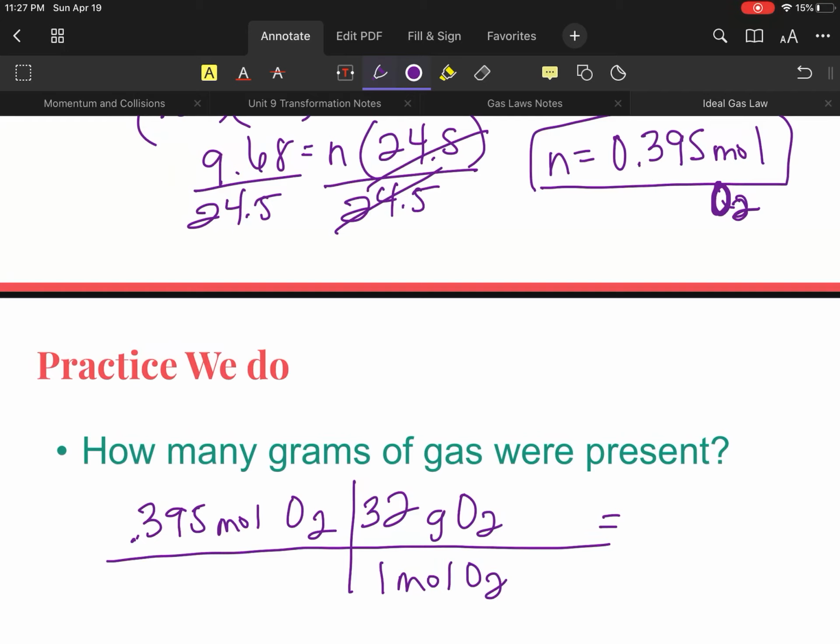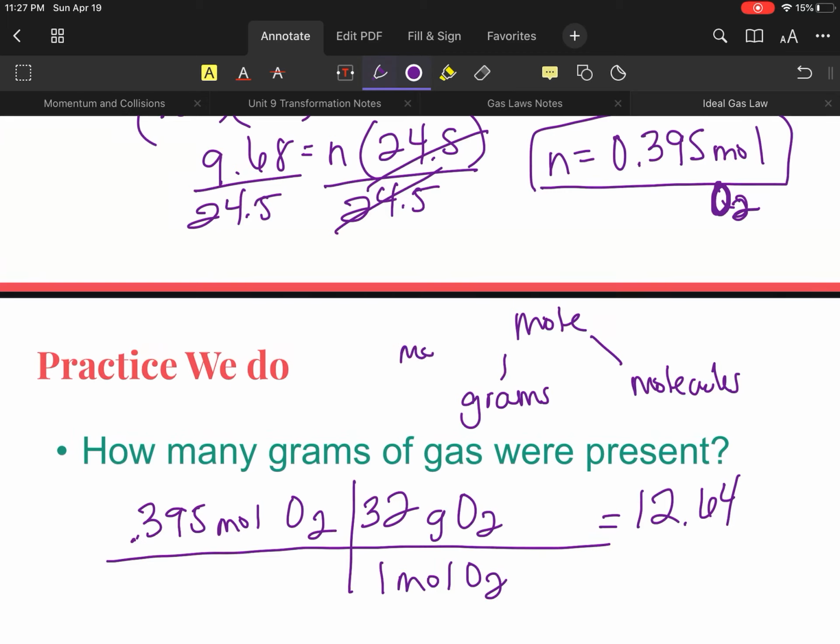One oxygen is 16, so 2 oxygens are 32. That's just like if I was using my mole map, moles to grams. I'm not looking for molecules, so I'm not worried about Avogadro's number. To go from moles to grams, I'm just looking at my molar mass, which I get from the periodic table. That's where that 32 came from.